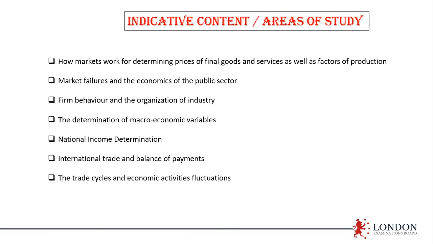So this is the syllabus for the business economics module. Before going to the syllabus, we need to know what economics is and what business economics is, right? Basically, the father of economics is Adam Smith. He says economics is the science of wealth, whereas the modern father is Paul Samuelson.